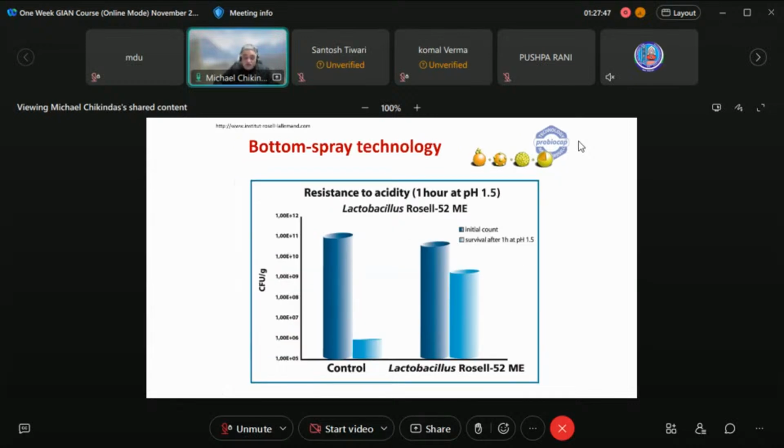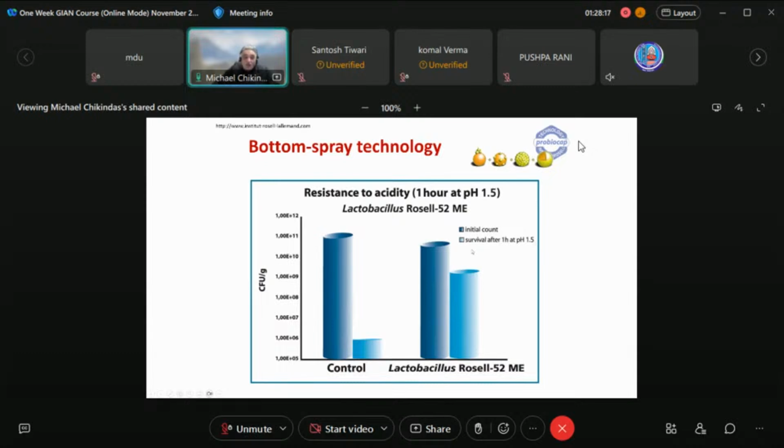Resistance to acidity, and again, where can we see this acidic environment? It can be, for instance, in the stomach, or vaginal acids when the pH drops down significantly, even lower than the normal vaginal environment. I'll give you an example. All right, and again, we have the initial counts and the survival after 1 hour at pH 1.5.